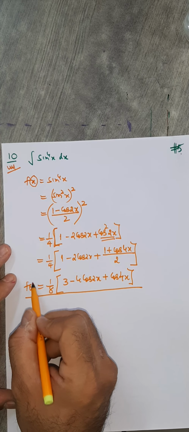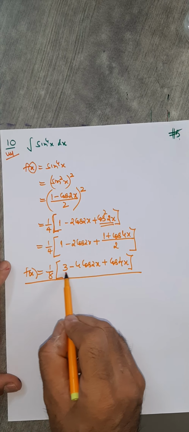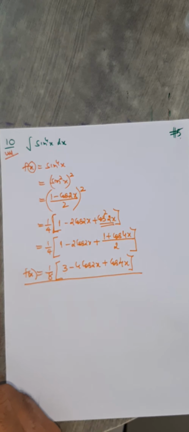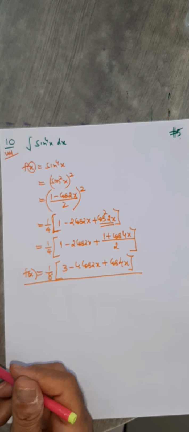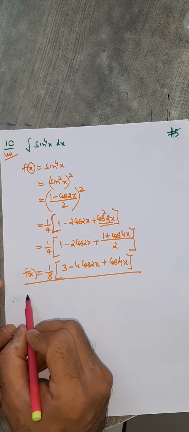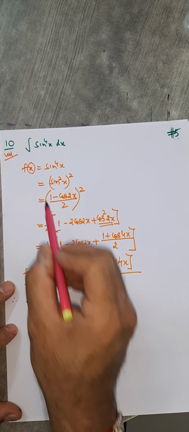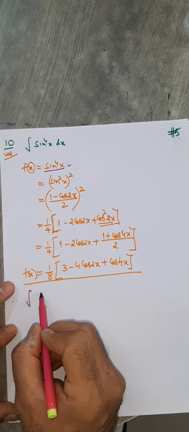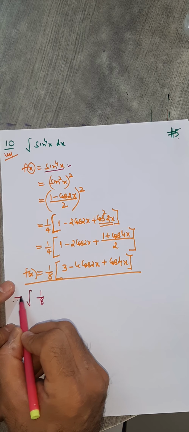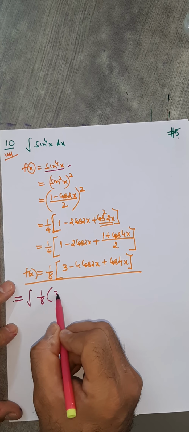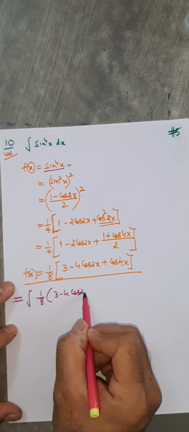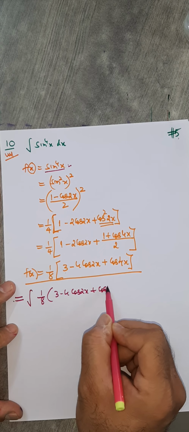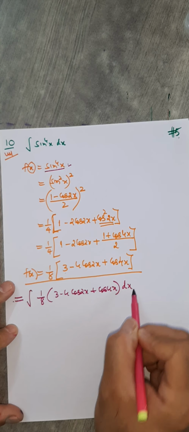Now you notice the function inside the bracket can be integrated very easily. So now I'll come to the integral. Therefore inside the integral, sine raised to 4 is this: 1 upon 8 times 3 minus 4 cosine 2x plus cosine 4x, the whole dx.